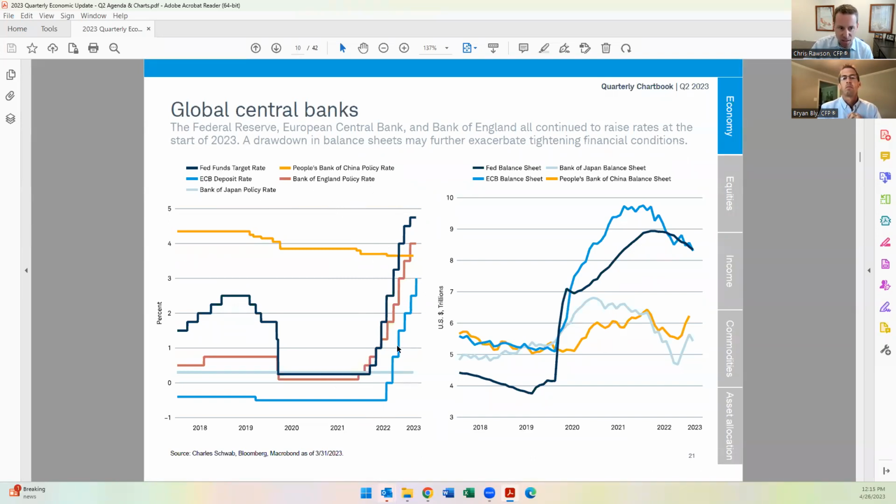We have the Bank of England here, rising. Here's China in yellow. China has actually been lowering their interest rates. And then you have the Bank of Japan, in this much lighter blue. The Bank of Japan's done nothing. They're not having inflation really as much.